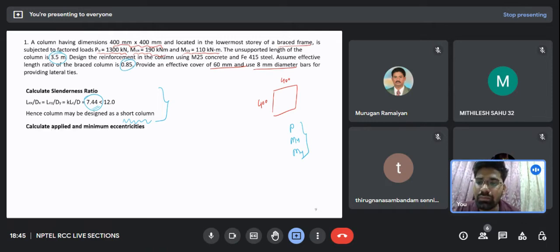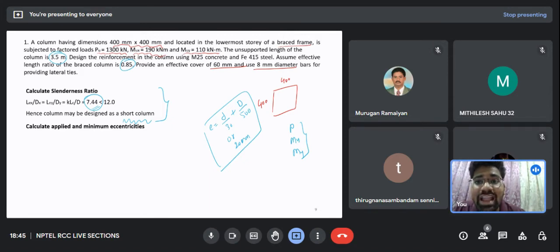That formula was L by 500 plus D by 30, or 20 mm, minimum of these two values I have to take. So this is the accidental eccentricity.